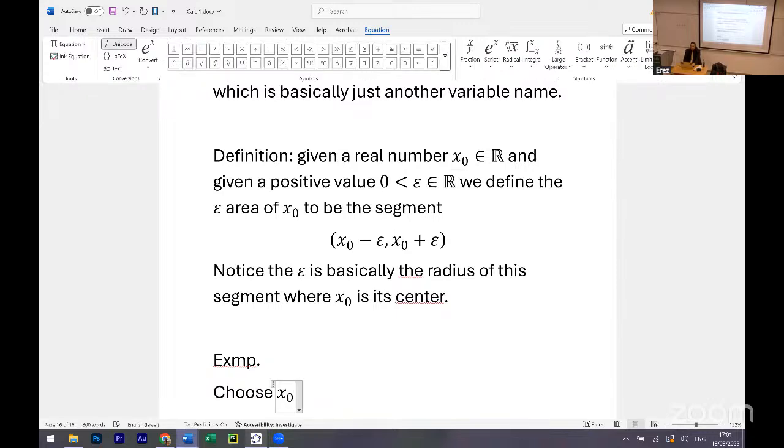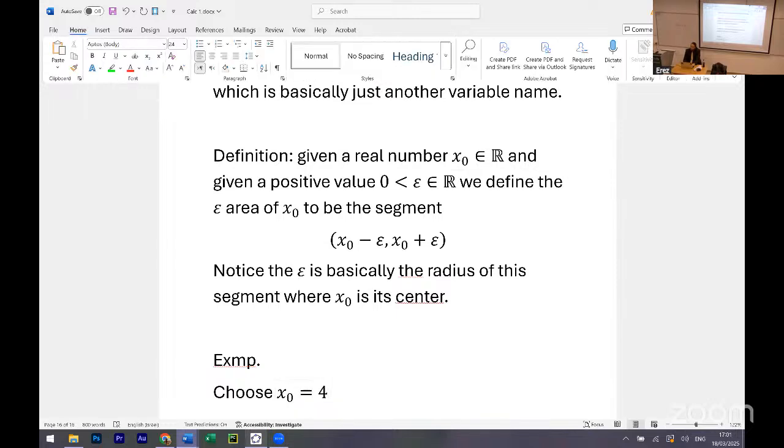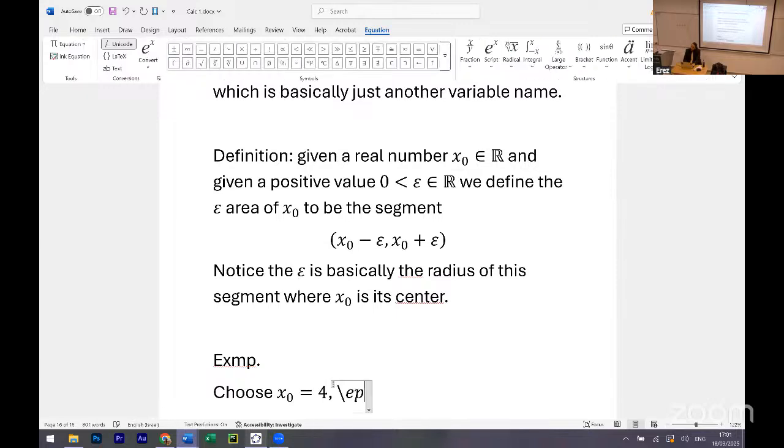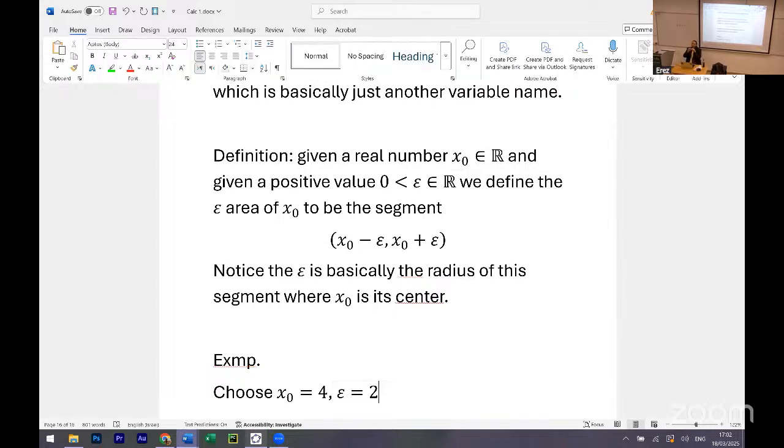Choose, that's a call for action. 4, okay. Choose any radius that you like. 2, okay. So we go to the real axis at the point 4, and now we move at most 2 steps to the right, or at most 2 steps to the left.